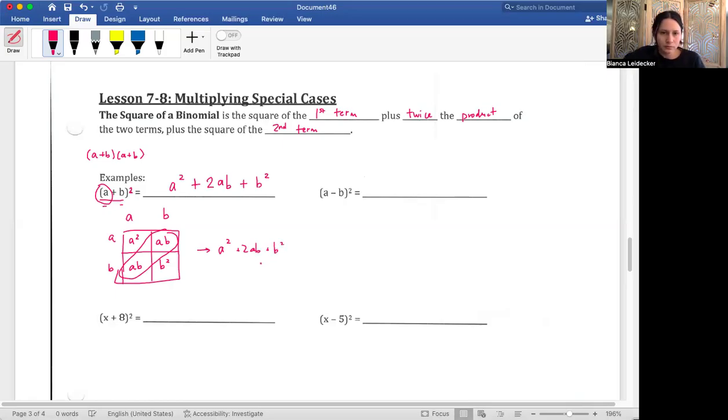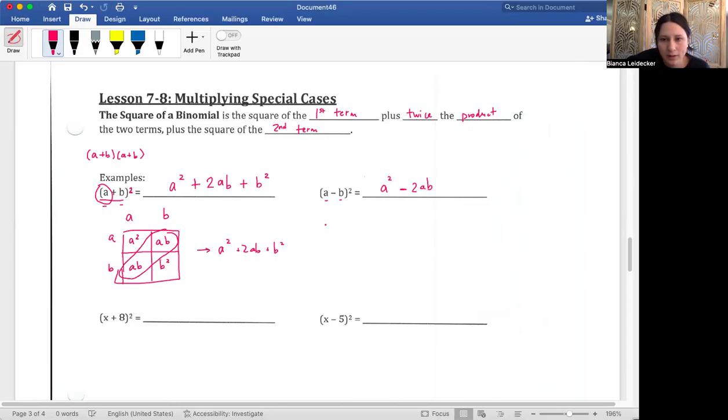All right, let's talk about if there's subtraction. So if there's subtraction, again, we have the square of the first term plus twice the product of the two terms. So when there's a subtraction, it's going to be a negative or a subtraction sign here, minus 2ab.